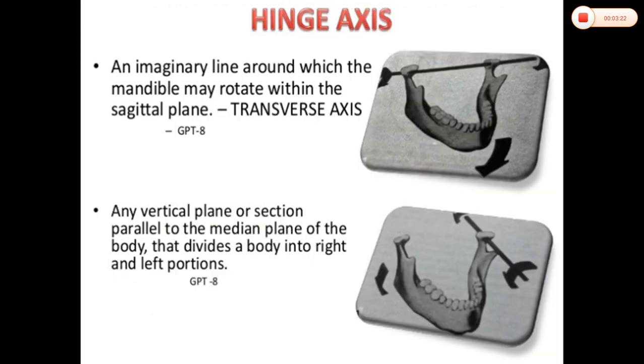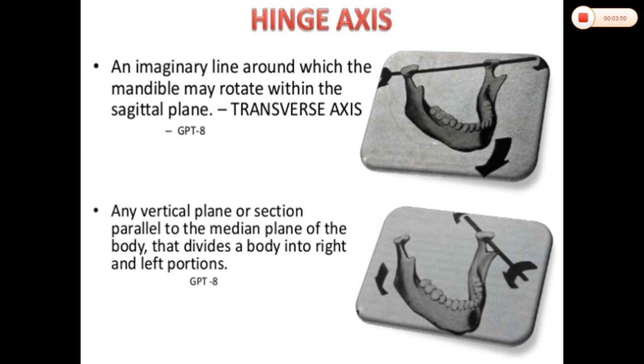So what is this hinge axis, or this imaginary axis, which is also known as the terminal hinge axis or a transverse axis? This is an imaginary line passing through the heads of the condyles from one condyle to the other condyle. Basically, this axis never exists in a patient, but it's an imaginary axis around which the movement of the mandible happens.